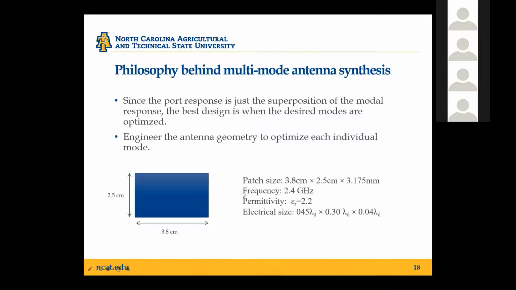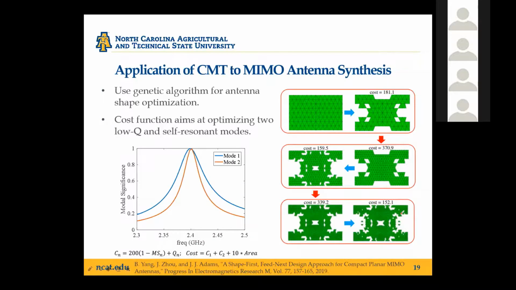The design goal is to have 2 ports operating at 2.4 gigahertz, over a microstrip substrate. And of course, the electrical size is less than half a wavelength by half a wavelength. So we did the shape synthesis without any feeds, just purely based on characteristic modal responses. For example, if you look at the cost function, this is a cost function for each individual mode.